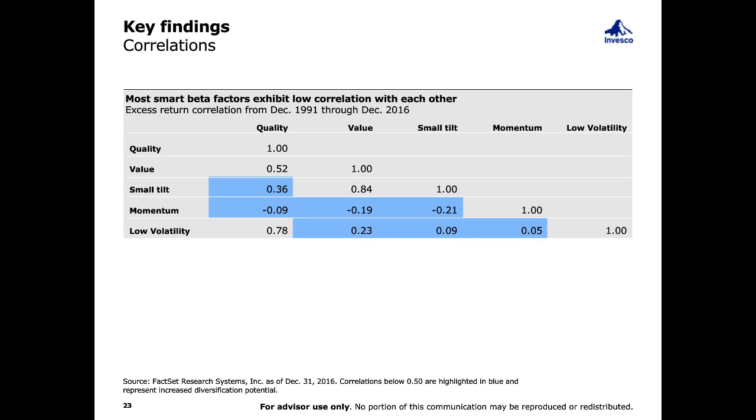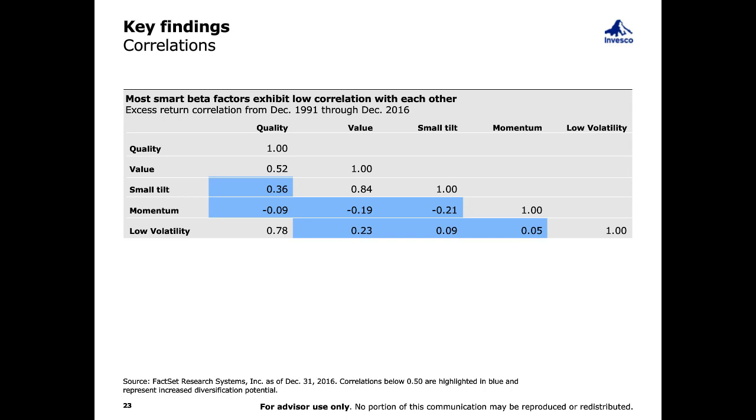Generally, correlations between 0.5 and -0.5 have historically led to diversification benefits when added to portfolios. Note the relatively low level of correlation between most factors studied, providing a potential diversification benefit. To summarize the table, small and momentum stocks add benefits to a quality portfolio.